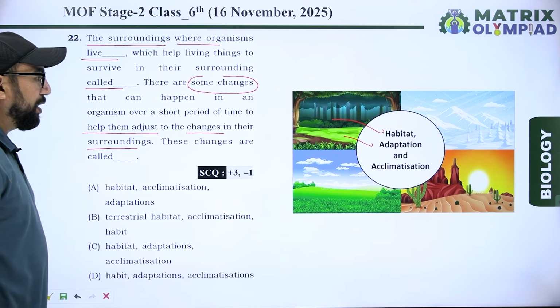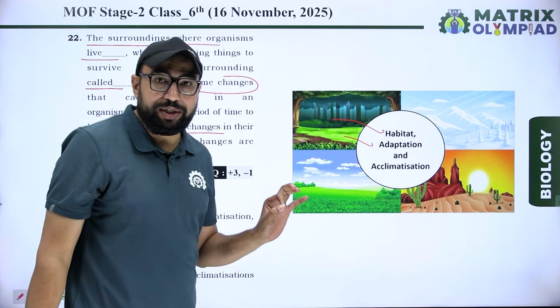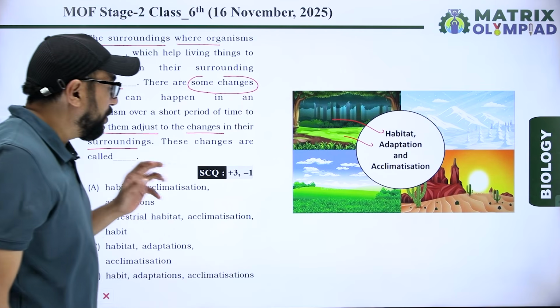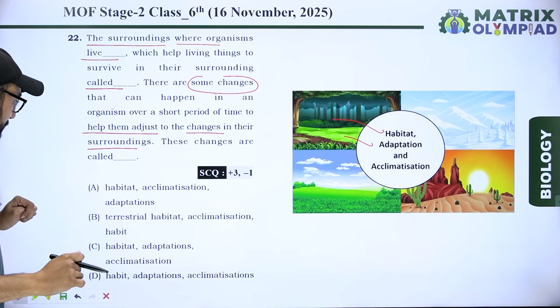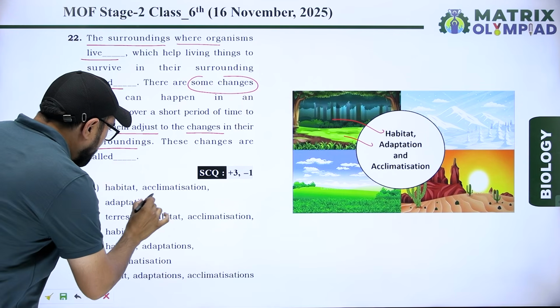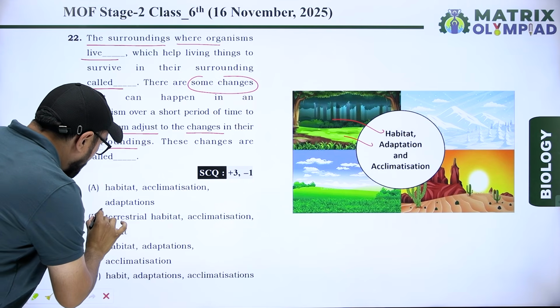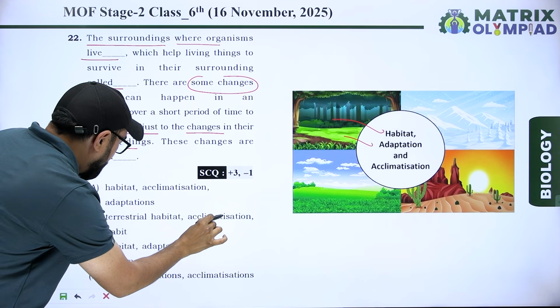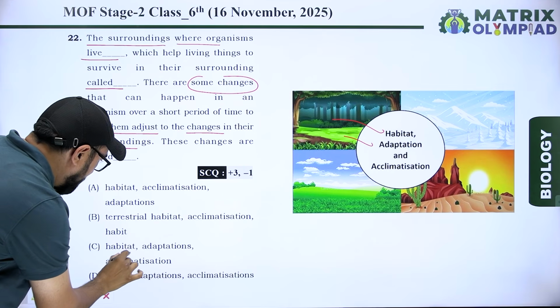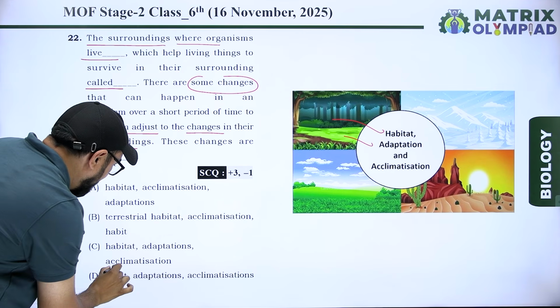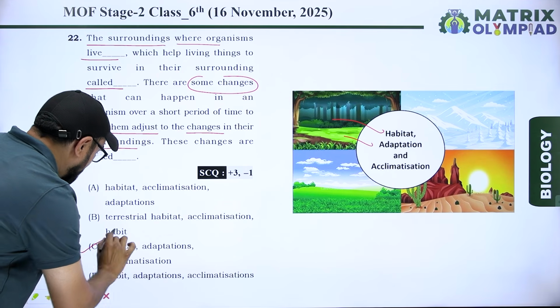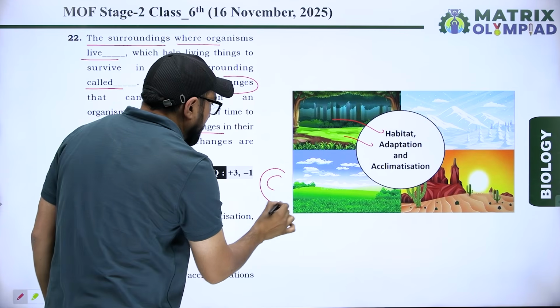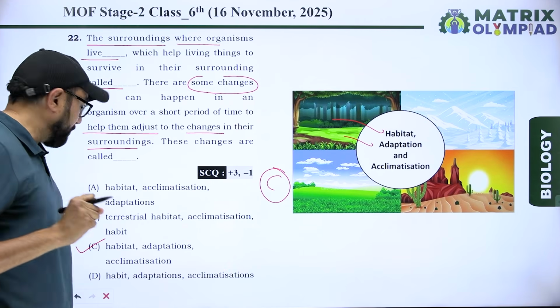These changes are called acclimatization. So according to these terms, option A, habitat, acclimatization, adaptation, no. Habitat, adaptation, acclimatization, that is in C. Option C is right for this question.